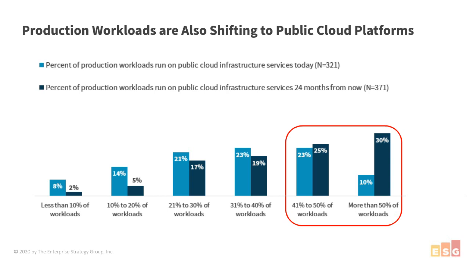But directionally, what we're seeing is a notable shift of server application workloads to public cloud platforms. So you can see in this particular survey question, we basically baselined today: what percentage of your server workloads are running on a public cloud? Then directionally, what is it going to look like in the next 24 months? You can see that I highlighted those organizations that have indicated the majority of server workloads.